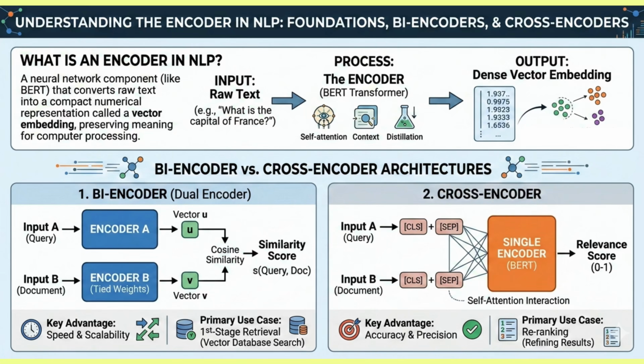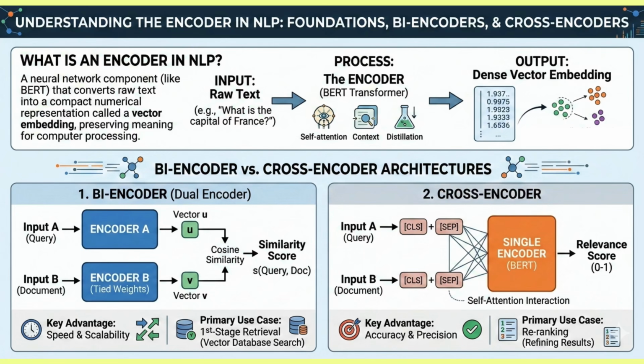A bi-encoder uses two independent encoders, often with tied weights, meaning they share the same internal parameters, to process the two inputs separately. The relevance score is calculated by comparing the two resulting vectors using a similarity metric like cosine similarity or a dot product.